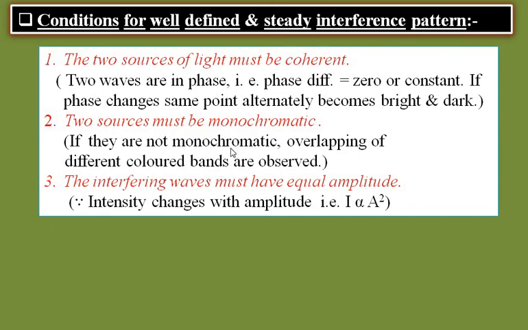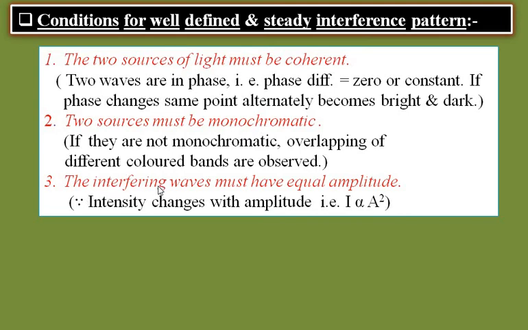This means that the bright band produced by light of one wavelength may overlap with the dark band produced by light of another wavelength. To avoid the overlapping of the bright and dark bands, the two sources must be monochromatic.